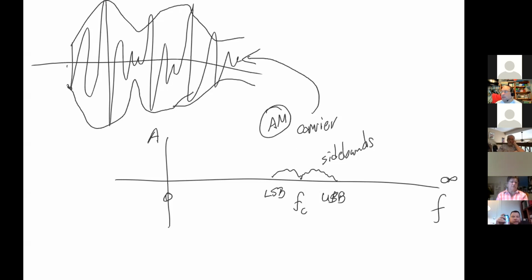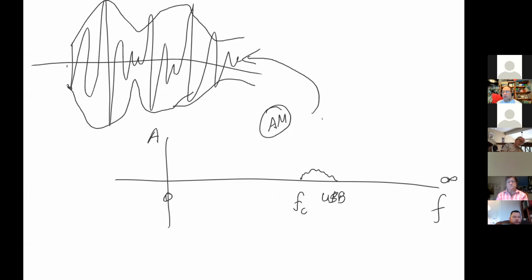And this is actually called double sideband suppressed carrier. But you don't have to know that for this. The other thing is, since those are now mirror images of each other, lower and upper sideband, and they contain the exact same information, we can decide which one we want to make and which one we don't want to make.